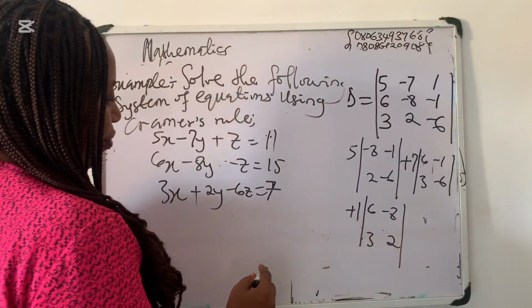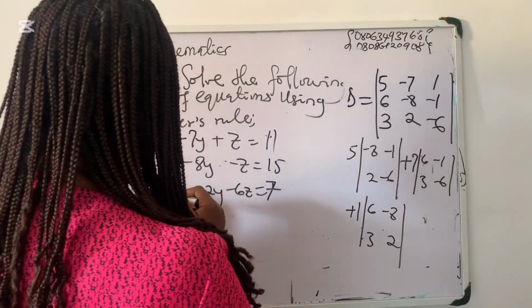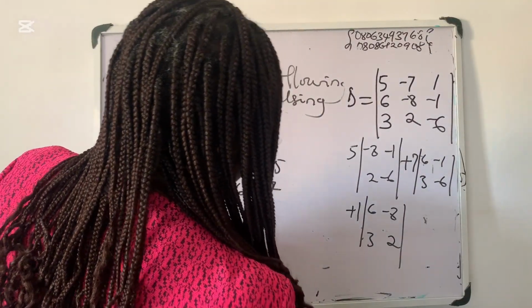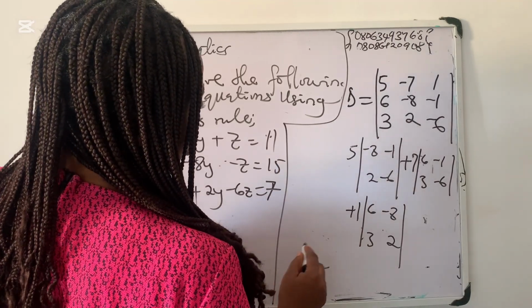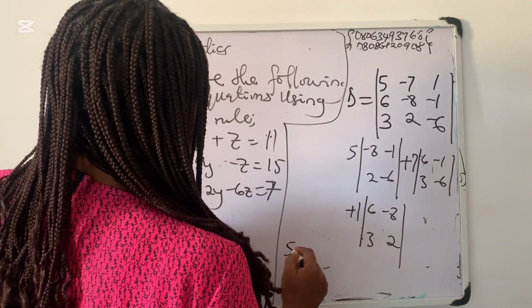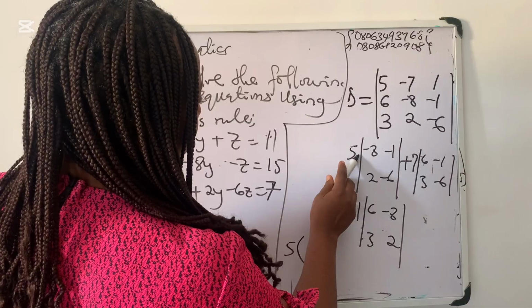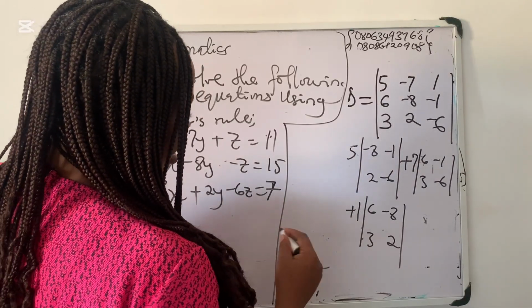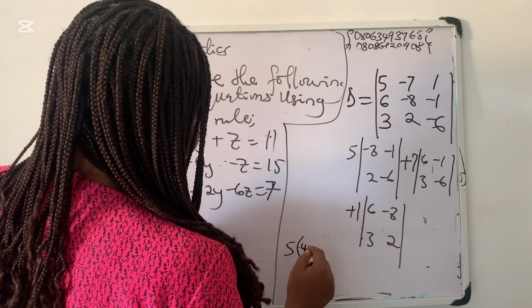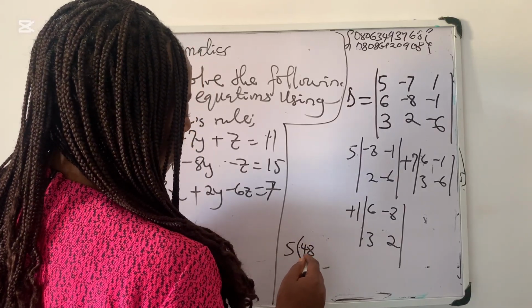Now, the first one, 5 into minus 8 times minus 6 is 48, because minus times minus is plus.